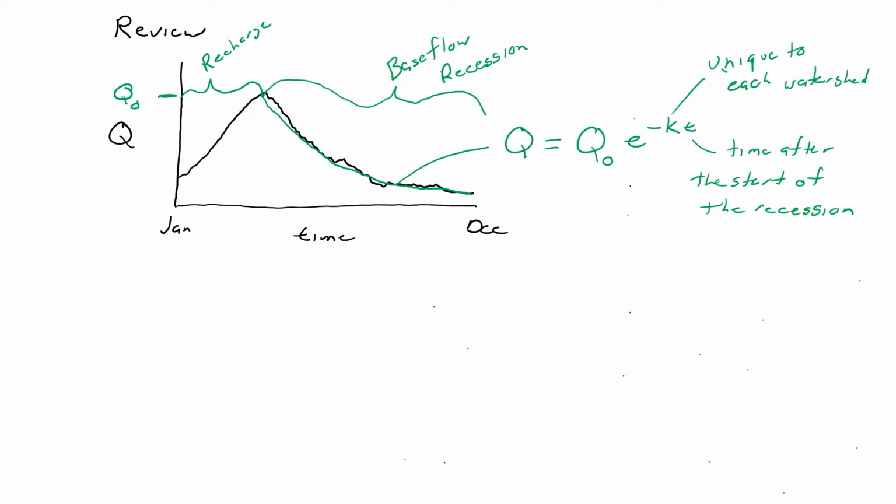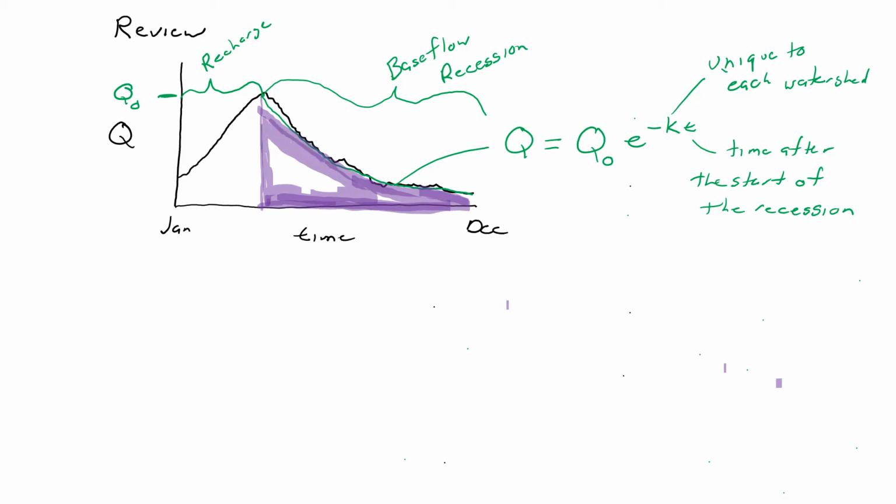So in this case, you have this equation that defines this line. It's a best fit line for the base flow recession. Now, if you think about it though, all of this material underneath that curve, that means something.